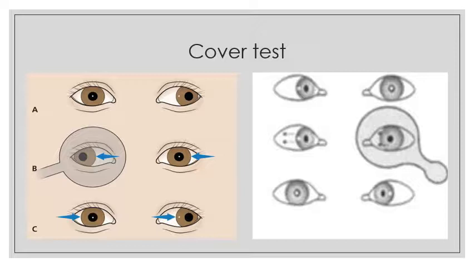The eye with the corneal light reflex in the center is the fixating eye. So we cover the fixating eye, allowing the other eye to take the fixation. Then remove the cover.